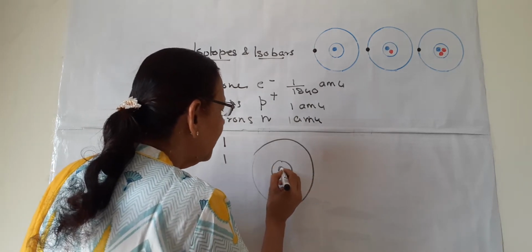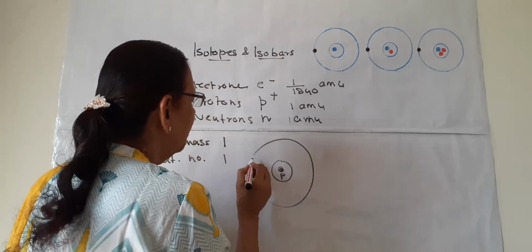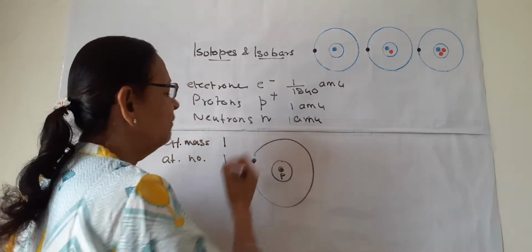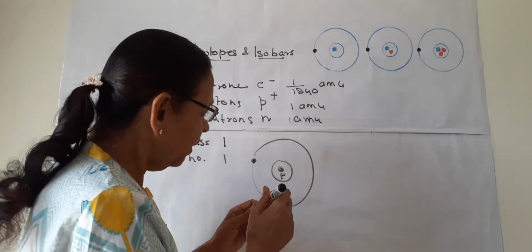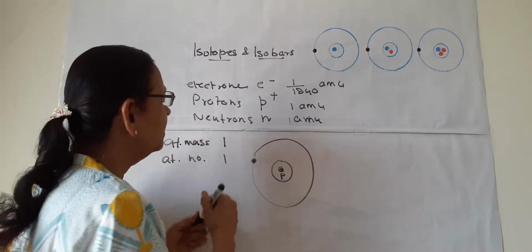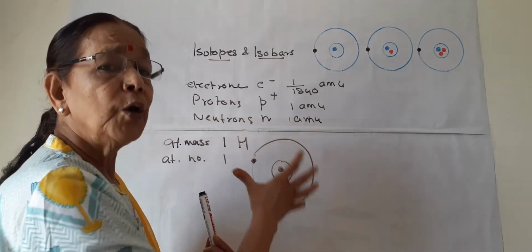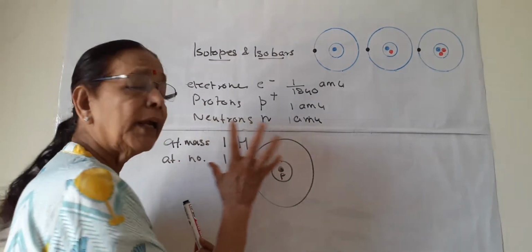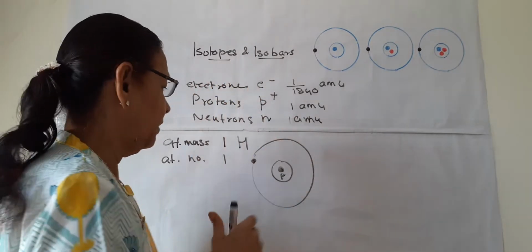This nucleus has 1 proton and 1 electron is present which is revolving around in this fixed orbit. Hydrogen is the only element which does not have a neutron. So 1 proton and 1 electron make an atom of hydrogen.